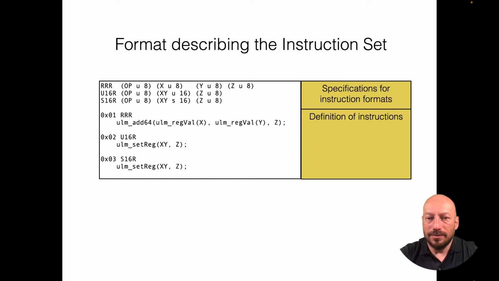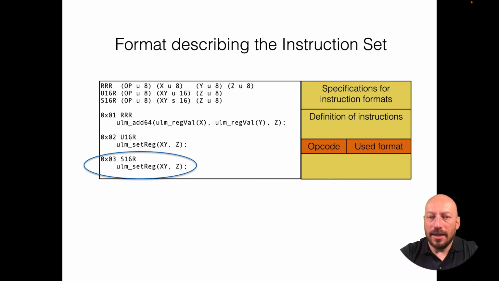The grammar is basically that you first have at the beginning of a line some opcode, followed by the format used for this opcode, and in the next line after some indent you have a block of C code. In most cases just one statement.